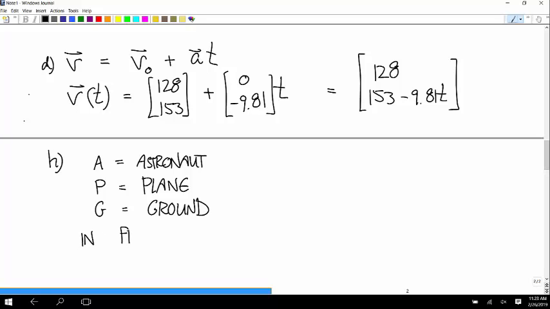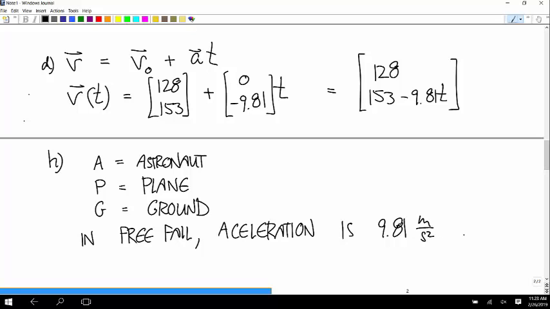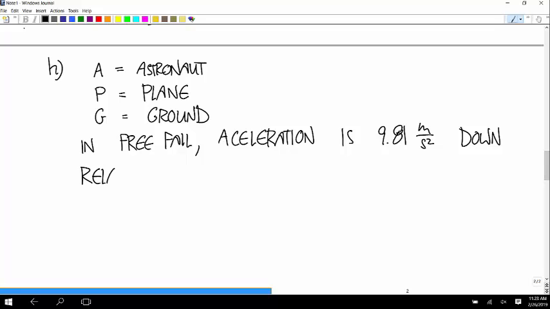In free fall, the acceleration is 9.81 meters per second squared down relative to the ground. And actually, it turns out that it doesn't have to be the ground. It can be relative to anything that's not accelerating.